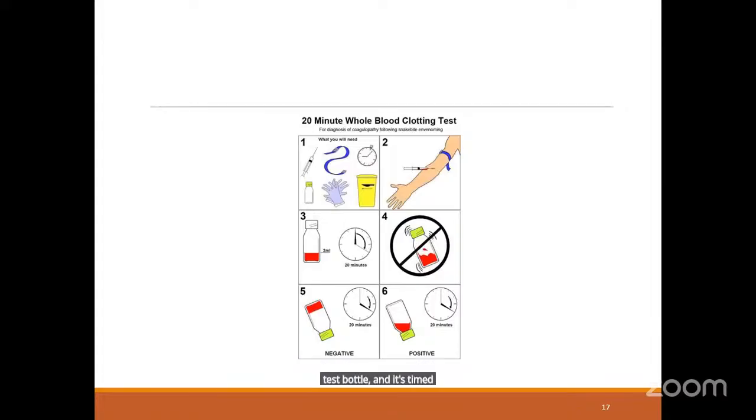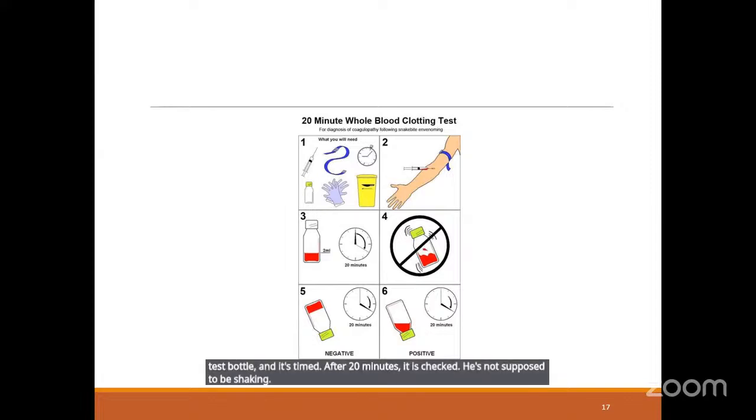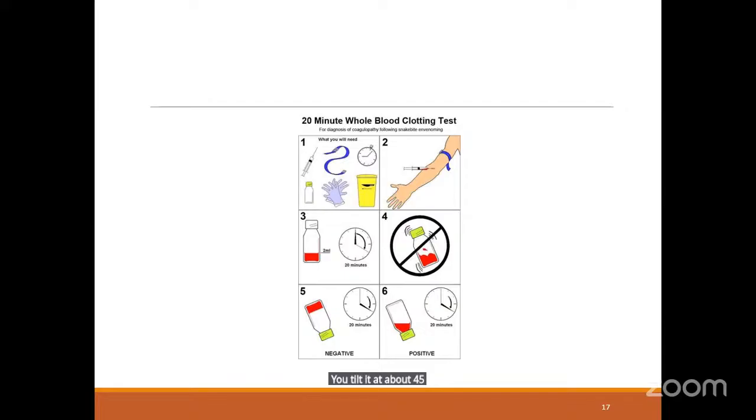After 20 minutes, it is checked. It's not supposed to be shaken. You tilt it at about 45 degrees, and if the blood has clotted, that means it's negative. There's no envenomation, okay? But if it's still liquid, that shows that there's envenomation.